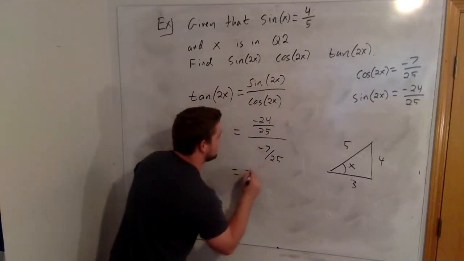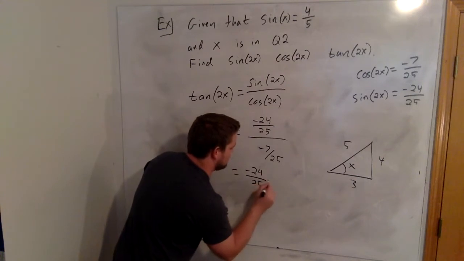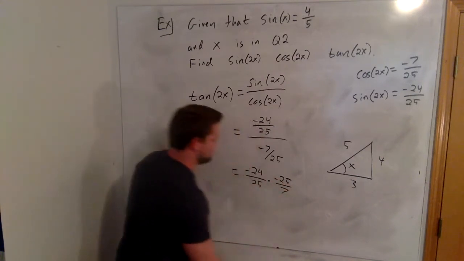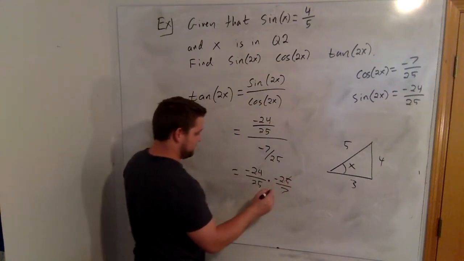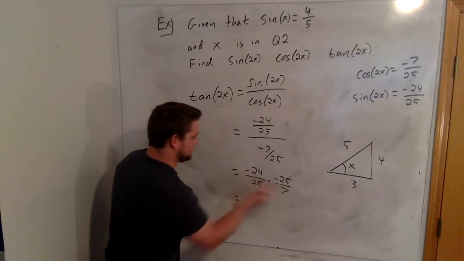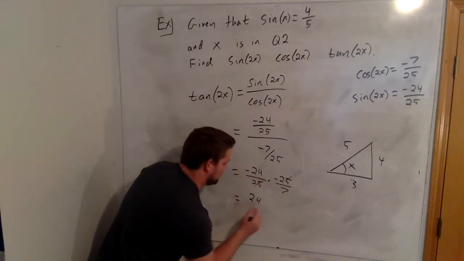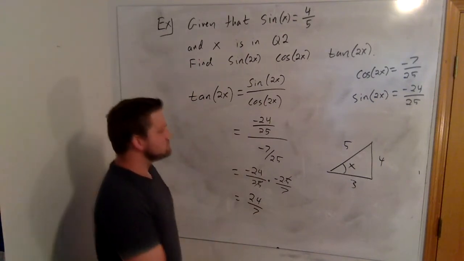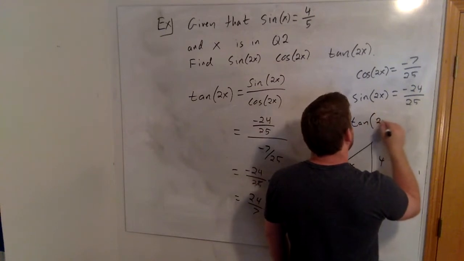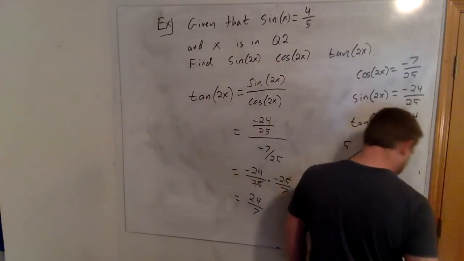This is the same thing as negative 24 over 25 times negative 25 over 7. The 25s cancel, and I have a negative and a negative, so that's a positive. We get that the tangent of 2x is equal to 24/7.